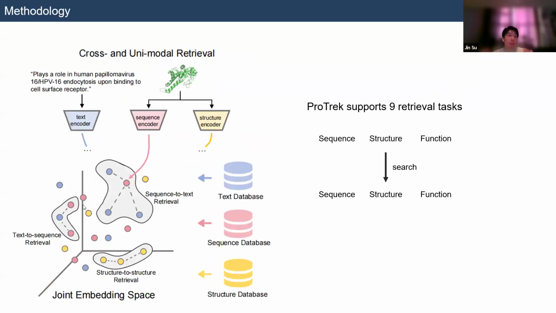Both sequence-to-sequence and text-to-sequence are okay, and structure-to-sequence is also okay. But if you want more comprehensive results, we recommend you use all of them simultaneously, and you can do further analysis to decide which one is better.